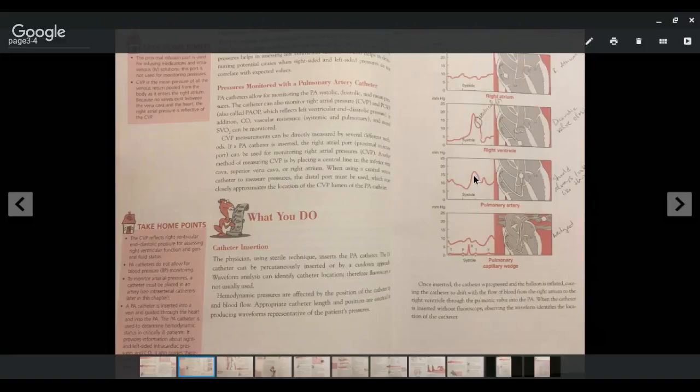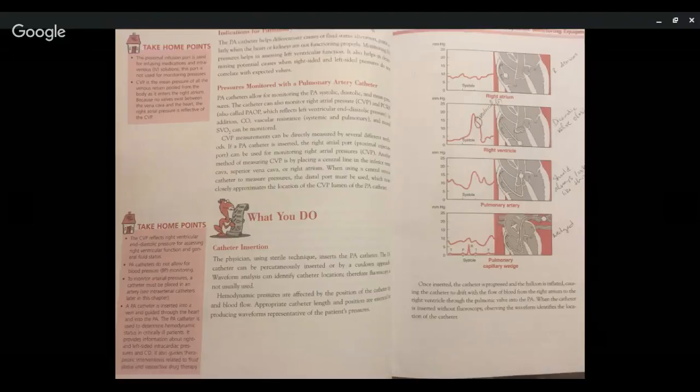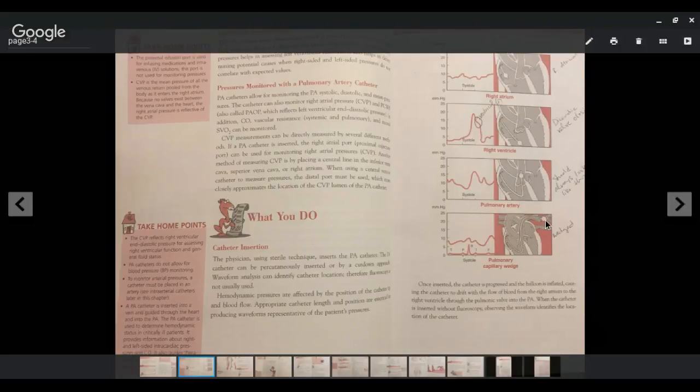If there's one with a regular size hump and a smaller hump next to it, it might be in the pulmonary artery or passing through the valves. And when it's all the way into the pulmonary artery, the waveform would look like that, with no peak because of the occlusion.